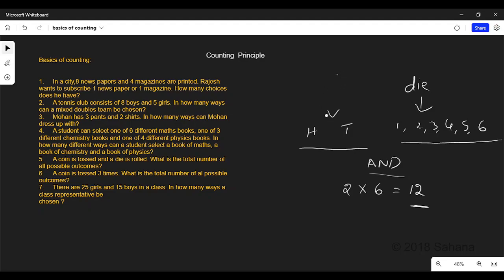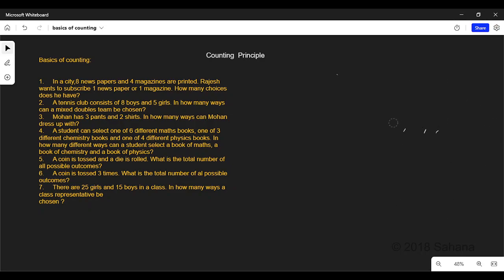Next, a coin is tossed 3 times. What is the total number of all possible outcomes? The first time I toss a coin, I get 2 options, head and tail.